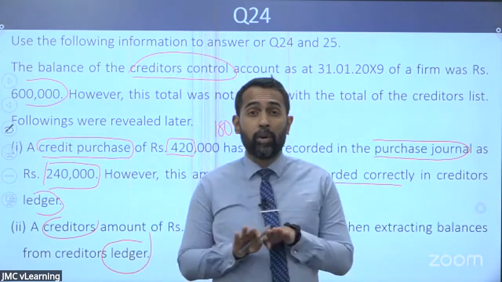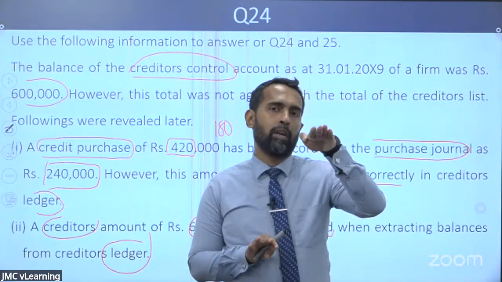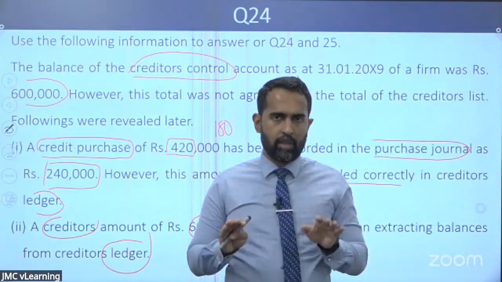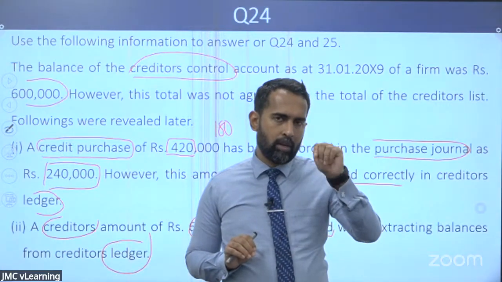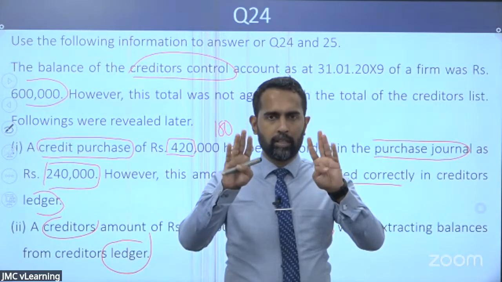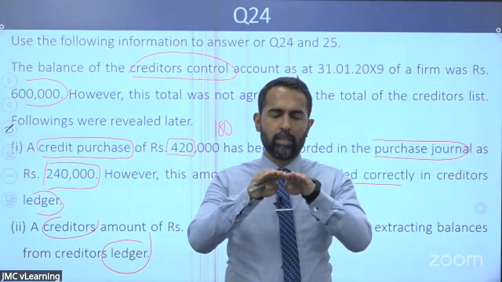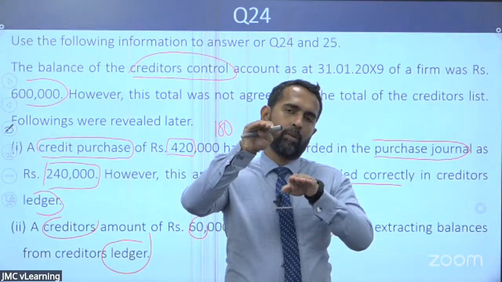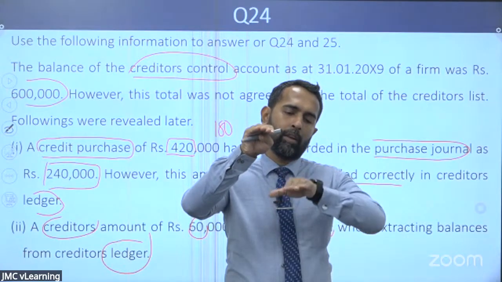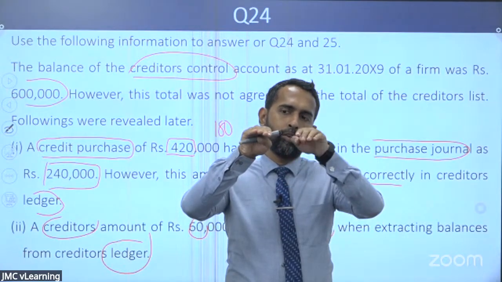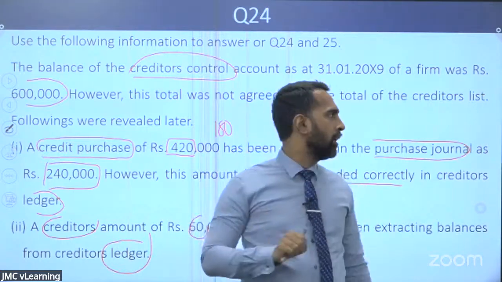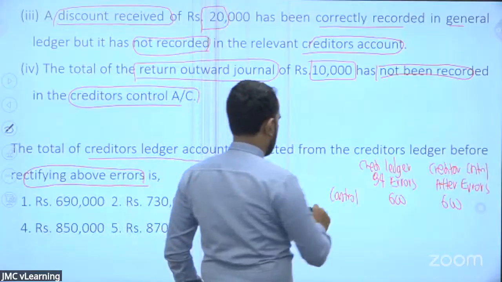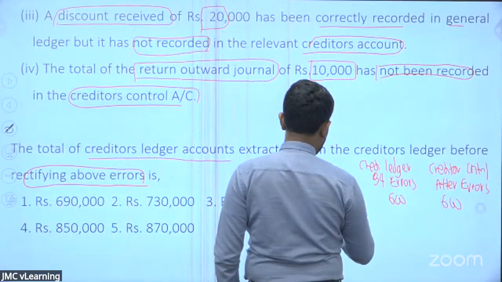Ideally you should have recorded a purchase of 420, but they have recorded only 240 in the control account. So we need to add 180. This is the purchase journal.